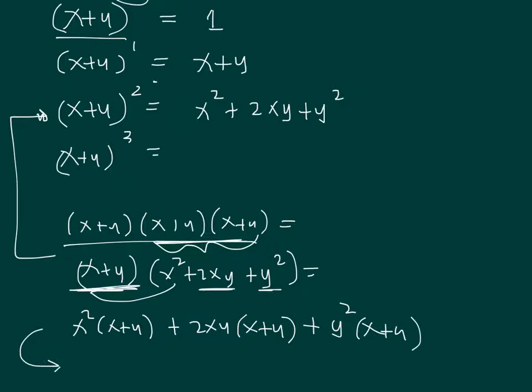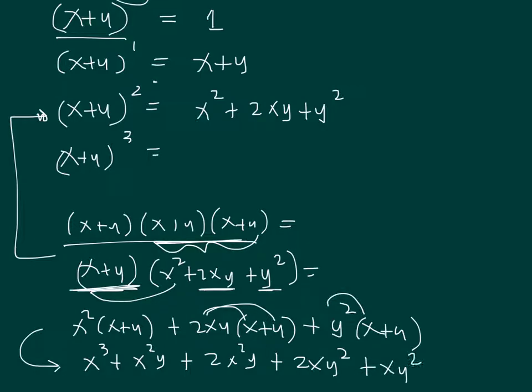So this will become x cubed plus x squared y plus, you multiply this, 2x squared y plus, you multiply 2xy squared, and then y squared times x is xy squared, and then y squared times y is y cubed.